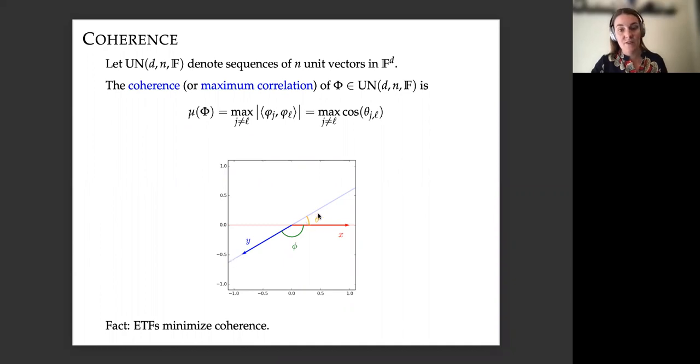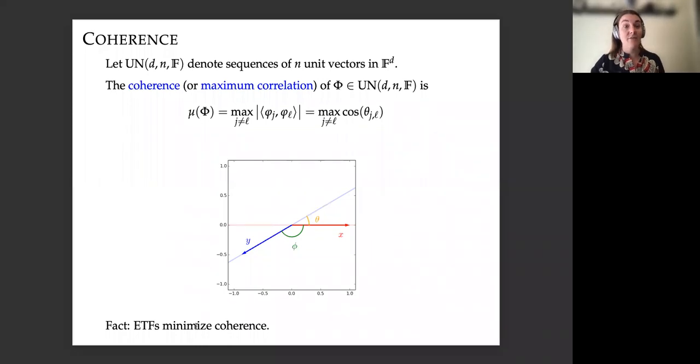So what we want is this orange angle theta, not this green angle phi. If we take the inner product of x and y, what we get is the cosine of the green angle phi. But if we take the absolute value of that inner product, then what we get is the cosine of the orange angle theta.